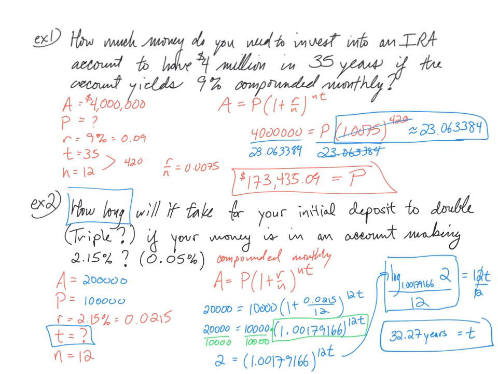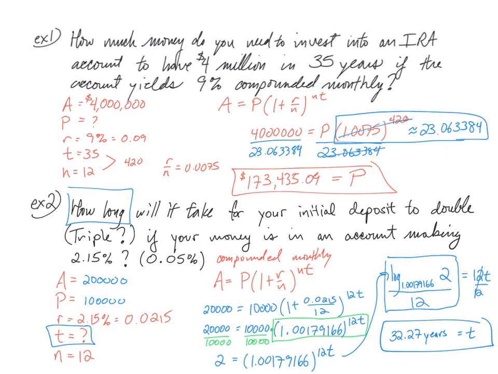The only pieces of information that you need to know in order to find out a doubling time or a tripling time or anything like this are the interest rate and the number of compoundings that will happen in a year. And that should just blow your mind.